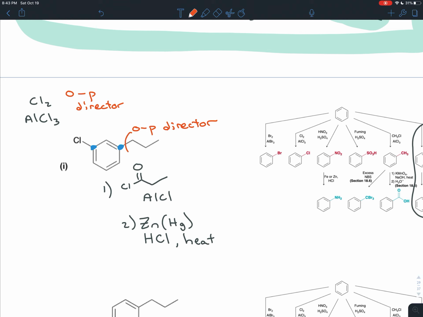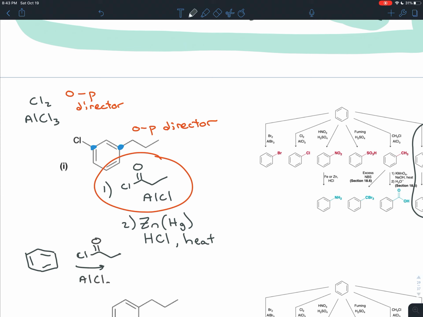Well, remember that we only get this alkyl group after we do the reduction. What do we get after we just do this first step? Let's think about it. We have the benzene ring. The benzene ring, if we treat it with our acyl halide and AlCl3, that would just add onto the ring.